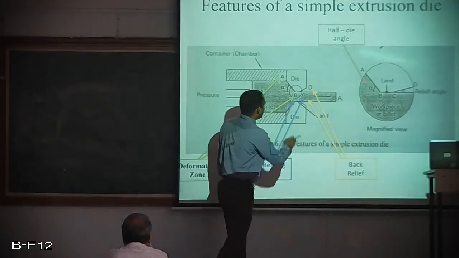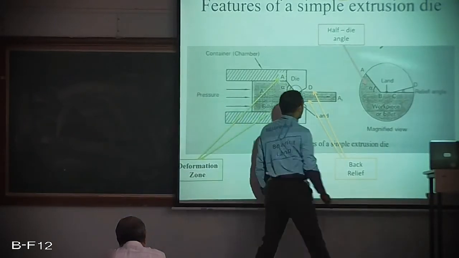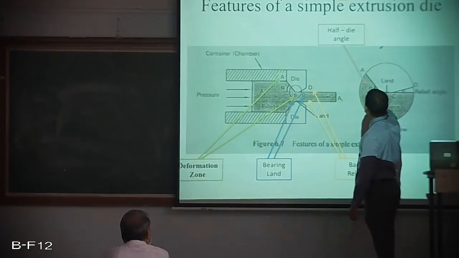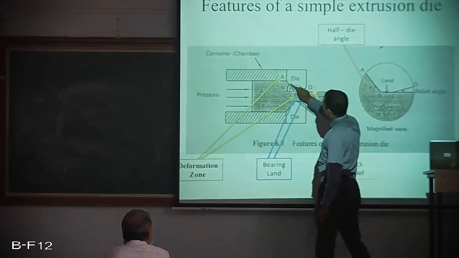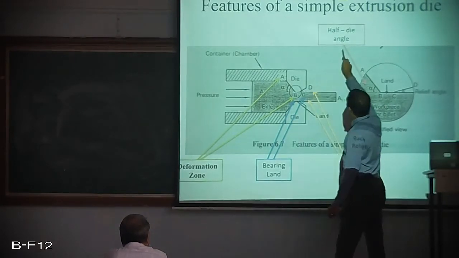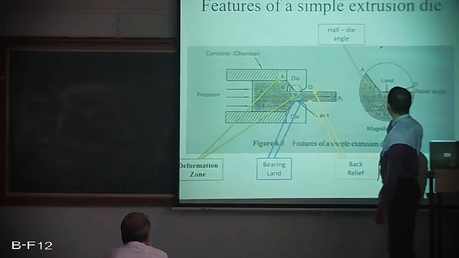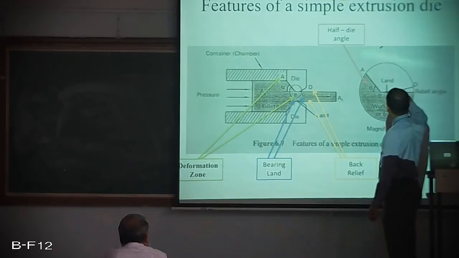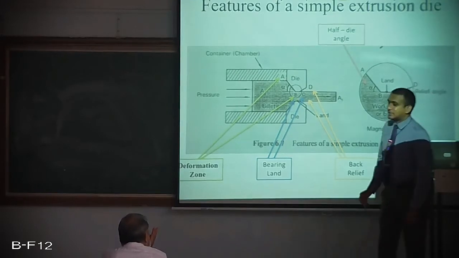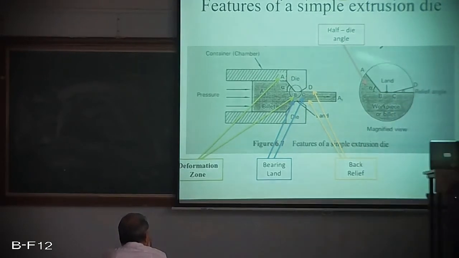And finally C and D is called the back relief. And also we have alpha, the angle that is formed between the die opening and the die axis. So this is called the half die angle. And on the opening side between C and D we have a small angle that is called the relief angle. So what is the importance of all these?